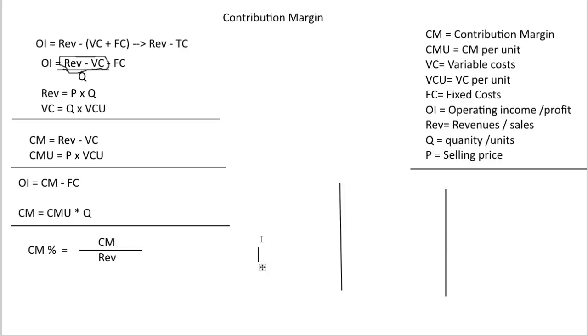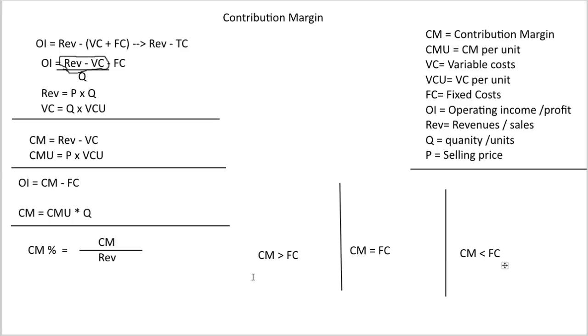If your contribution margin is higher than your total fixed costs, if your contribution margin is equal to your total fixed costs, and if your contribution margin is lower than your total fixed costs.